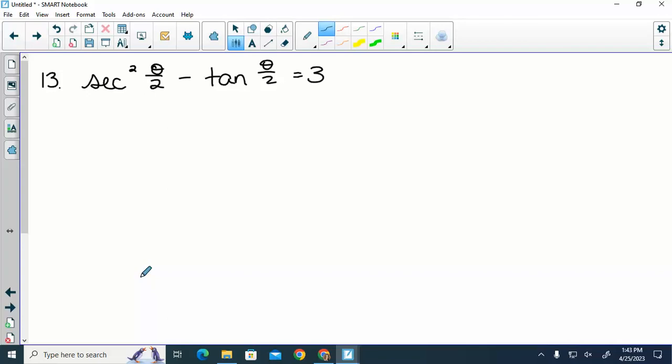So what else can I do? Look at your flip chart. So our fundamental identities, we have those Pythagorean identities. And there's one that says tangent squared plus 1 equals secant squared. So I can replace that secant squared. Tangent squared plus 1.